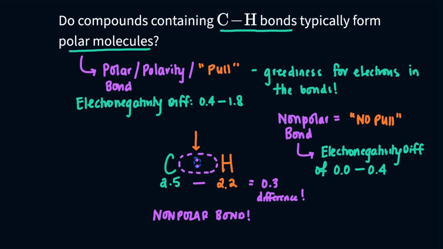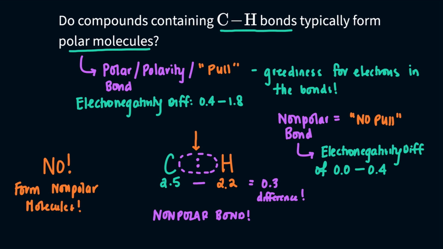So the electrons are just chilling. It's an equal amount of vicinity to the carbon and to the hydrogen. So would these bonds typically form polar molecules? Absolutely not. Chances are they would form nonpolar molecules if it's just C and H.